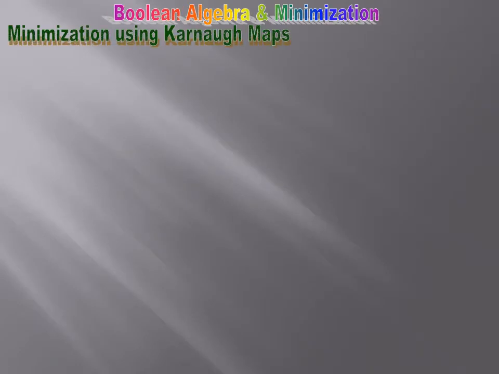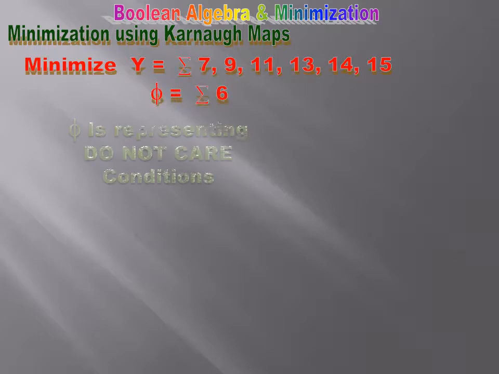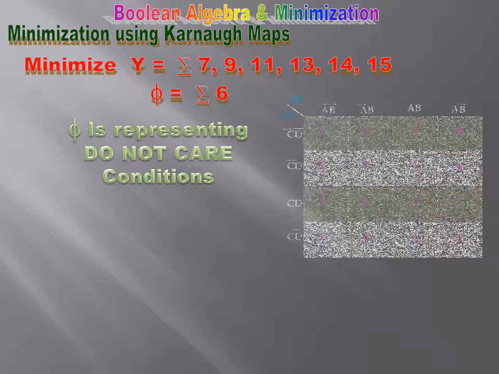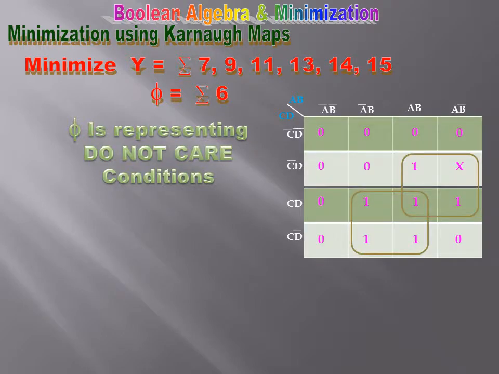So let's take this example again, but here the don't care condition is now only at one place, at 6. Earlier we had the don't care at 5 and 10, now it's only at 6. So we'll see the solution. The solution is further simple.